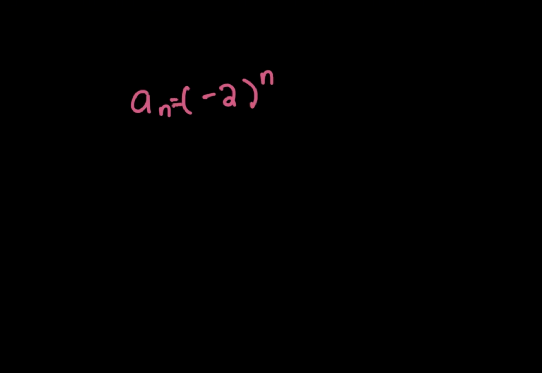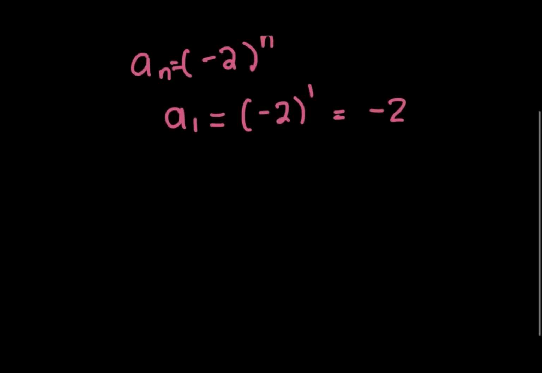So let's start with term 1. Term 1, that's a sub 1. So this is negative 2 to the first power, and negative 2 to the first power is negative 2.